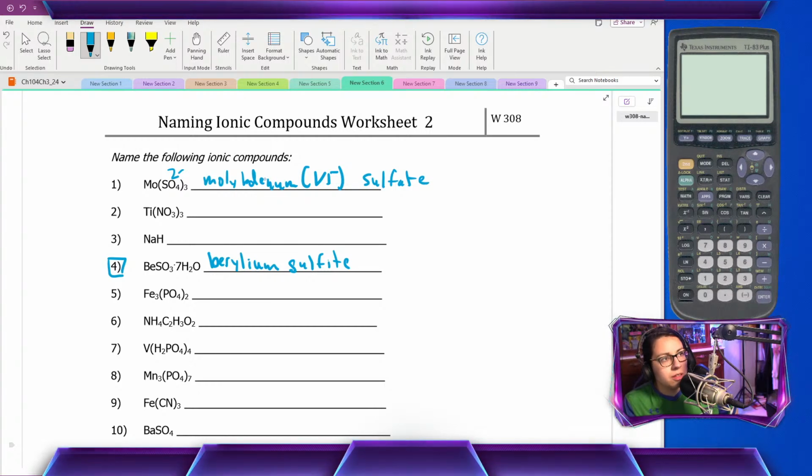So let's try the next one. So this would be titanium. And again, we have to figure out the oxidation state. So this is nitrate -1. -1 times 3, -3. So we have titanium 3 nitrate.